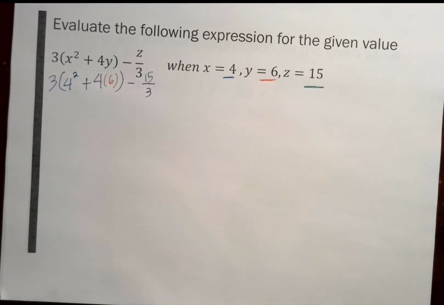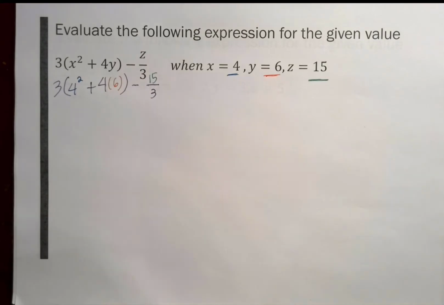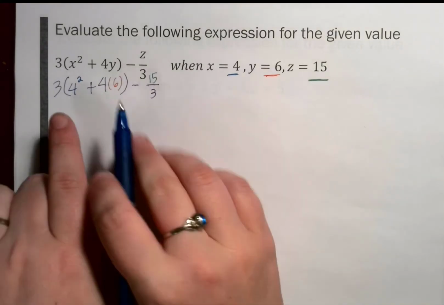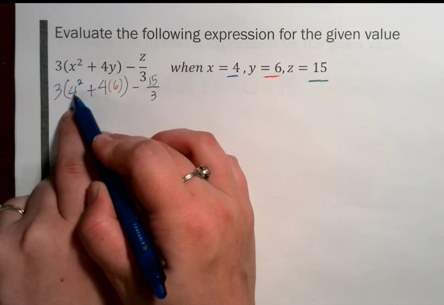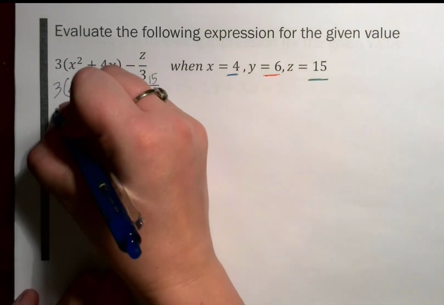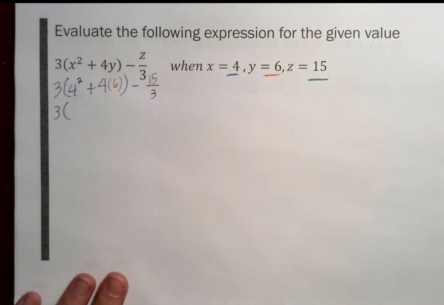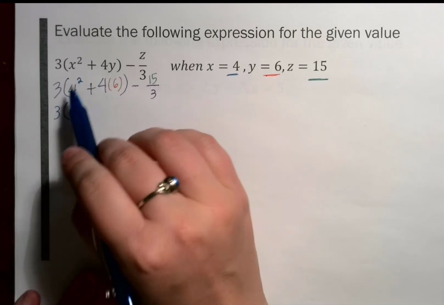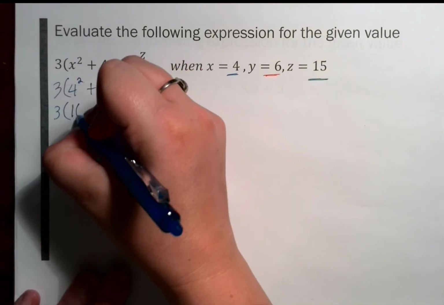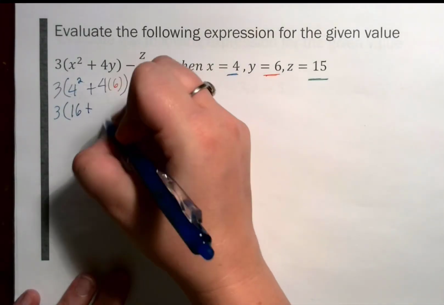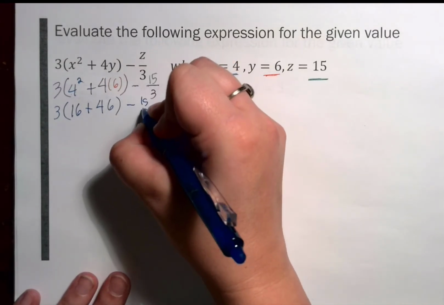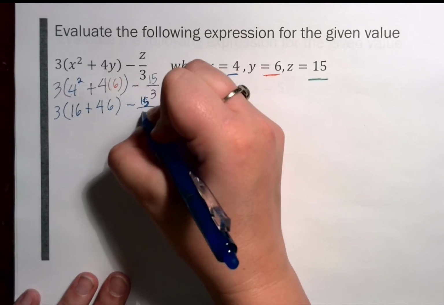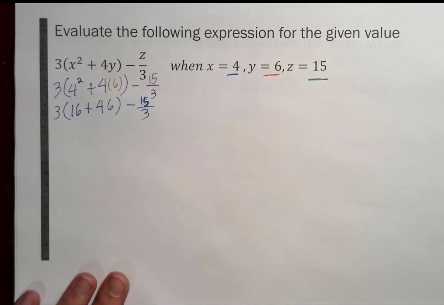All right, so in this one we do have grouping symbols, so we have to work within those first. All right, so we have an exponent inside those parentheses, so 4 squared. So I'm going to bring down whatever's not being worked with. So 4 squared is 16 plus 4 times 6. Okay.